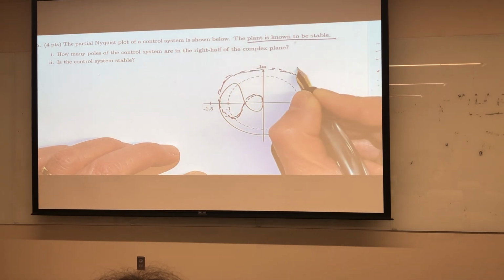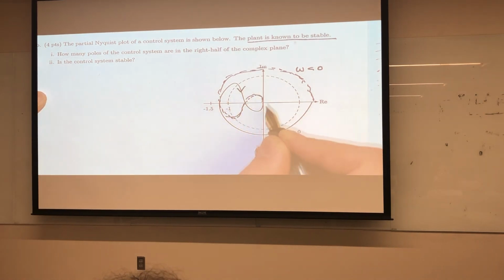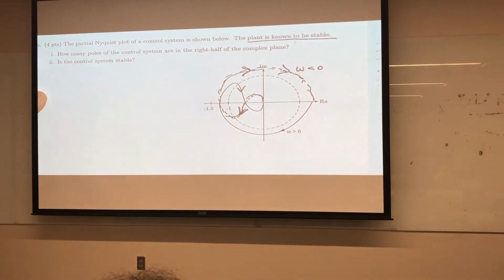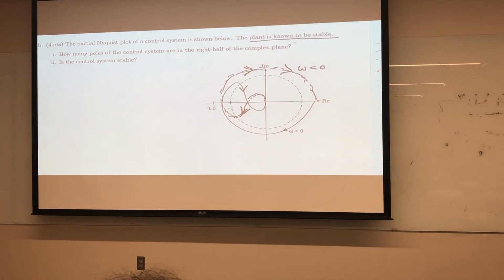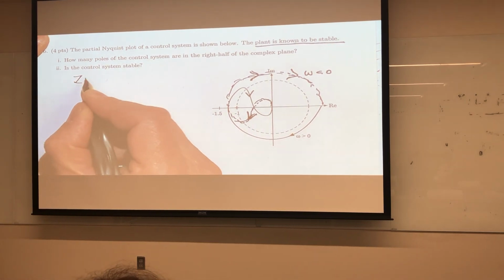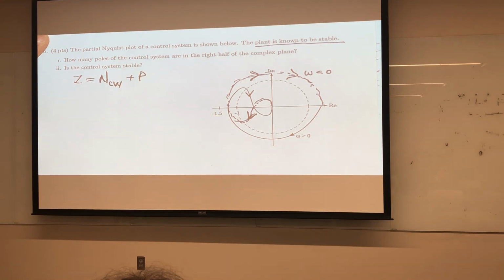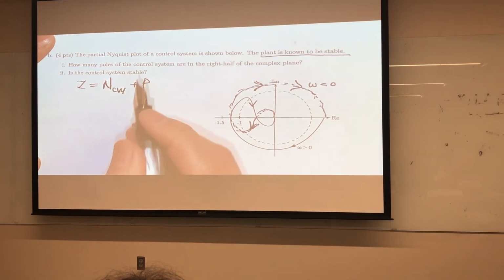And so this will be the frequencies less than 0, okay? And understand how the arrows should orient themselves. Okay, and then understand that to study stability of the feedback system, there's a formula that says Z is equal to N clockwise plus P. P is the number of open loop poles.